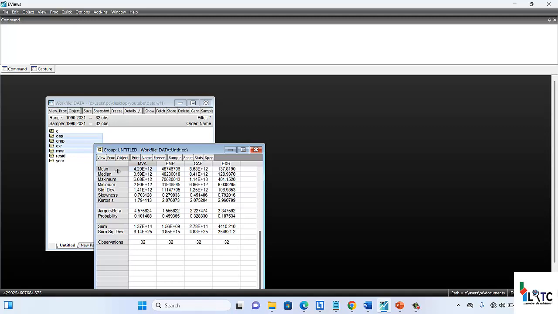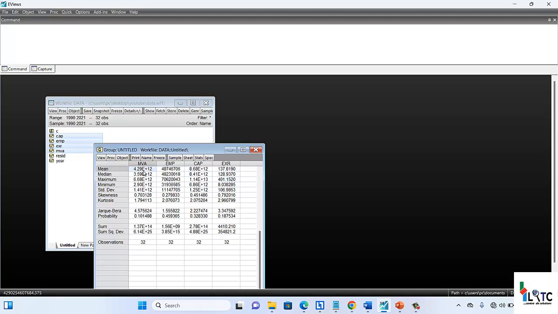So now this mean tells us that the average value of manufacturing value added is 4.29. In case you are doing comparative analysis, for instance, if you are comparing the manufacturing value added of Nigeria with that of Canada, what you just need to look at is the mean of the manufacturing value added for Nigeria and the mean for Canada.